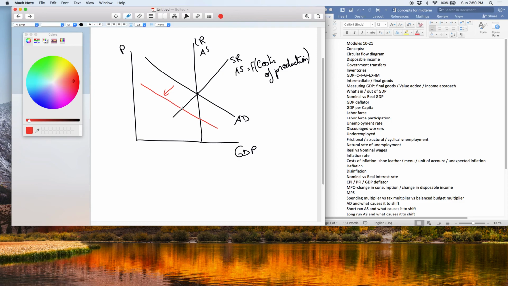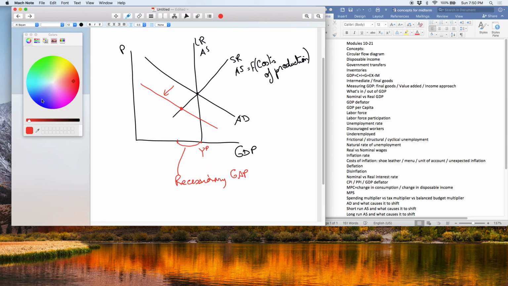As a result, you would go to this point, okay, where now you're not at the potential. In fact, you're at less than potential. Okay, we call this a recessionary gap. Okay, so that's one possibility.